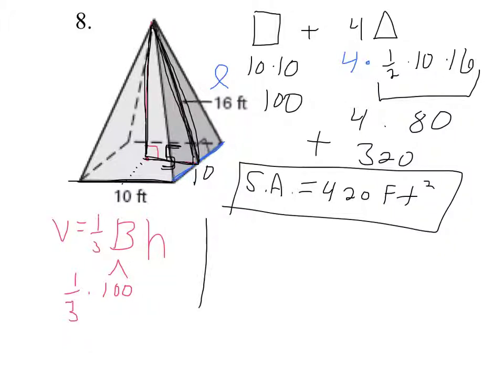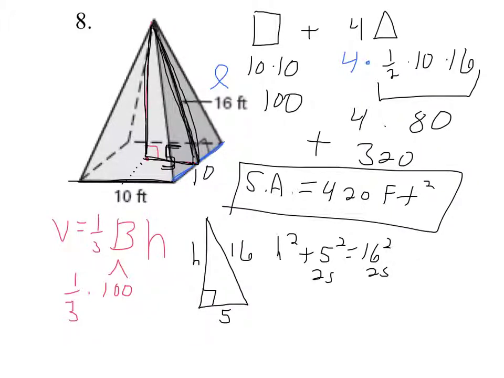I'm going to draw this right triangle with a hypotenuse of 16 and a bottom side of 5. We want to find the true height, h. So we'll set this up according to the Pythagorean theorem. h squared plus 5 squared equals 16 squared, so that's 25 and 256. If you subtract 25 from 256, you get 231.